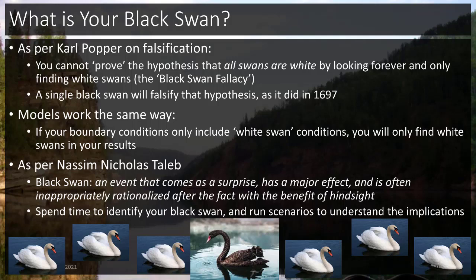The reason this is an issue is that when this isn't done, inevitably lots of projects will face a scenario like this, and then people will look back and say, well, this was never assessed. But just saying this was unexpected is not a satisfactory answer to anybody. So put some thought into what that black swan might be and simulate it if possible.